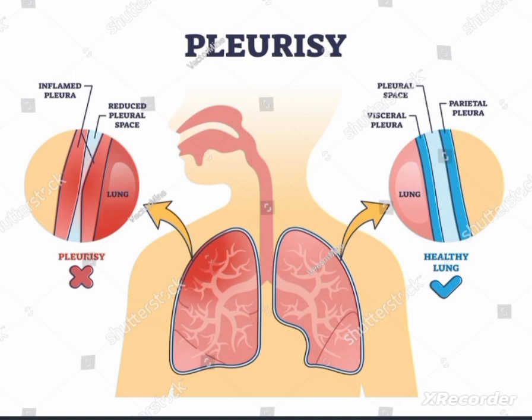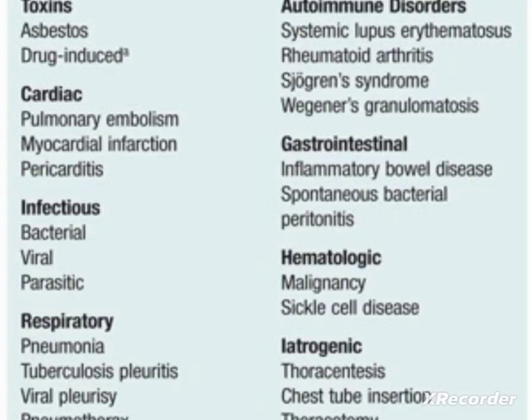Now we can see the etiology of pleurisy. The etiology of pleurisy includes toxins, for example asbestos and drug-induced toxins. Then cardiac etiology includes pulmonary embolism, myocardial infarction, and pericarditis.